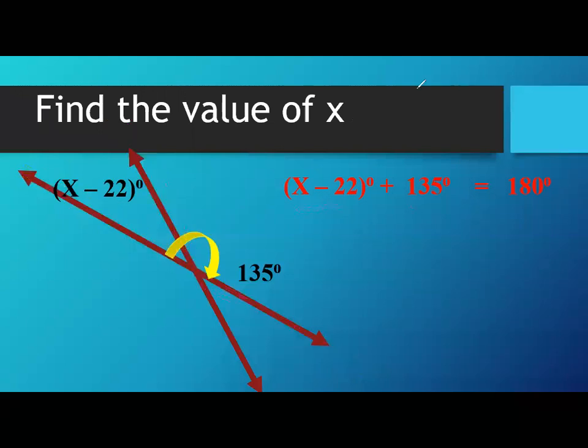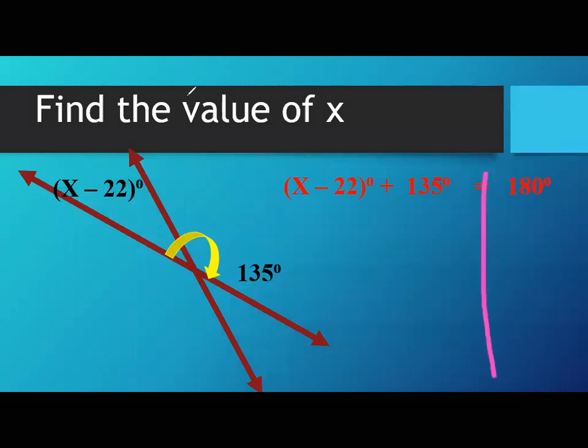We can go and solve it. We're going to combine like terms first. We're going to combine this minus 22 with this 135. 135 minus 22 is going to be 113.